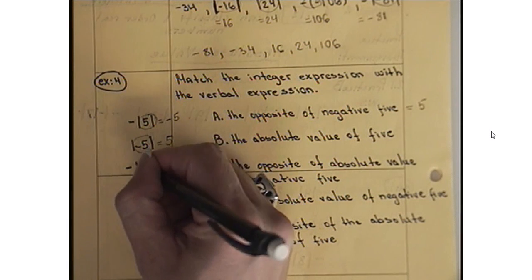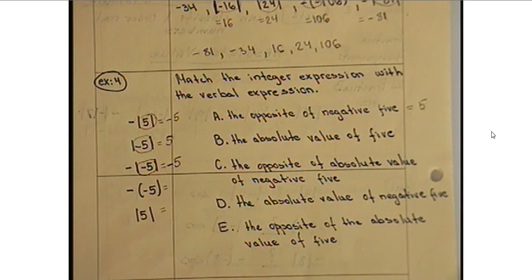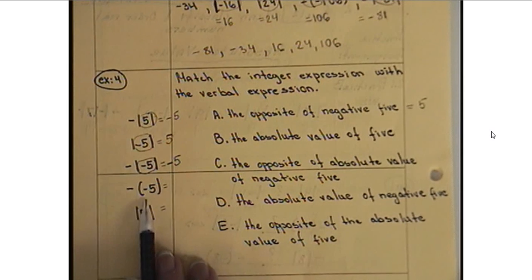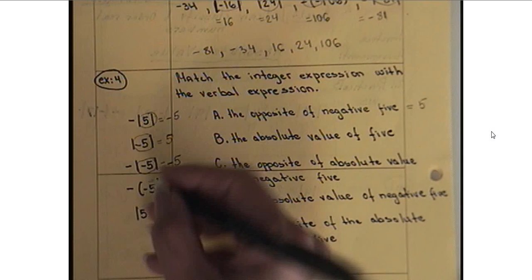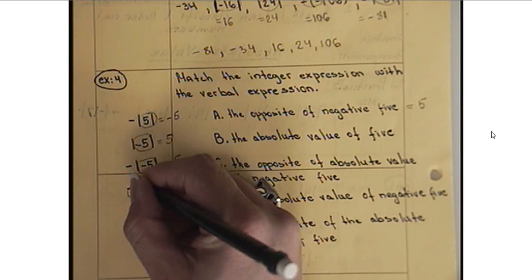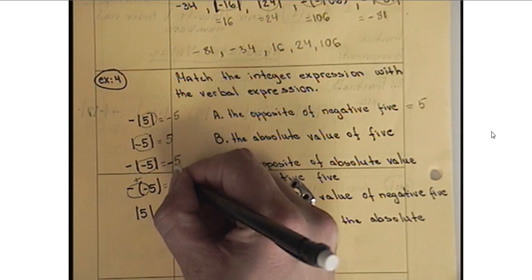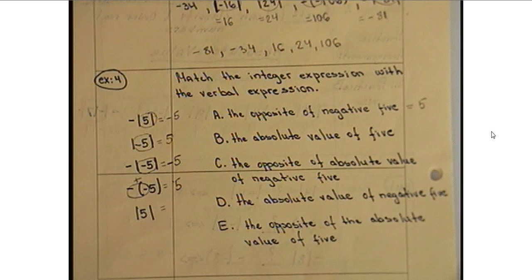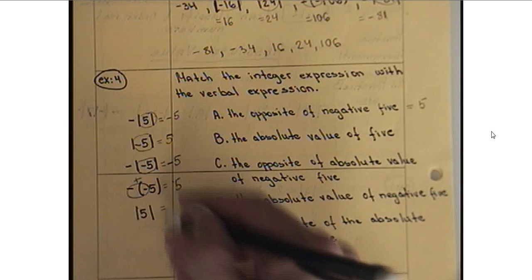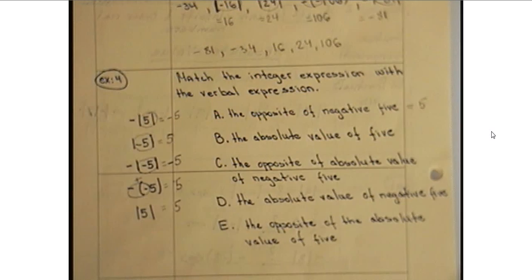This whole thing is number 5, so the answer here is also negative 5. When we have negative of negative 5, there is no absolute value symbol here, so those two change to plus and we have just number 5. And final one, absolute value of 5 is equal to positive 5.